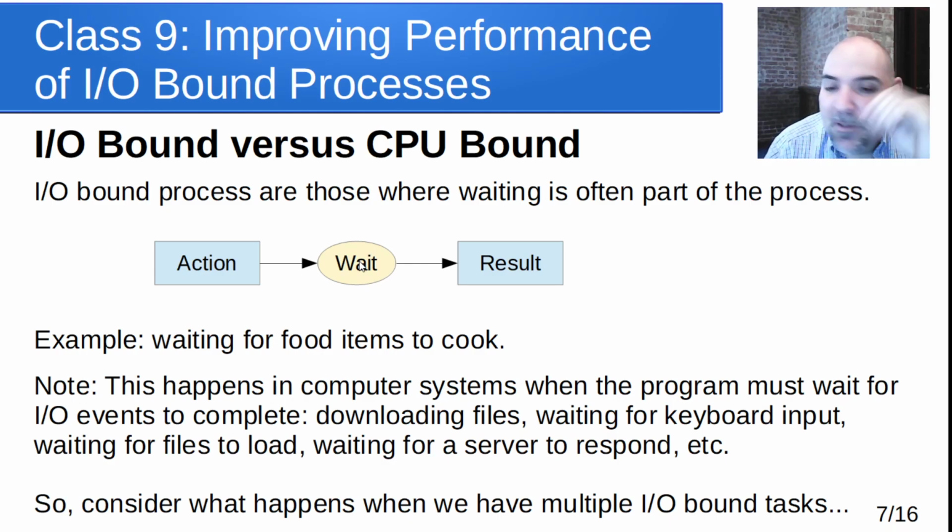So that happens in computer systems all the time. For example, you go to try to download a file or even open a file, wait for a keyboard entry from the user, wait for files to load or a server to respond. There are all kinds of times they're waiting for either hardware or some kind of event to happen that's necessary to continue the process.